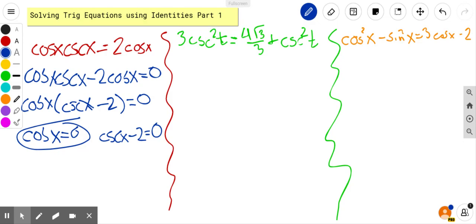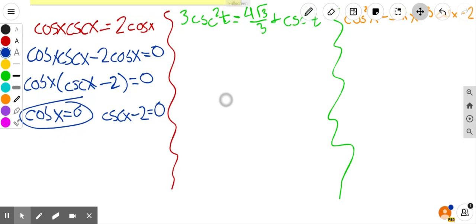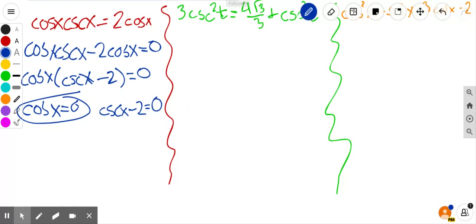I know that cosine of x is equal to 0 when x is equal to pi divided by 2. And because I don't have an interval that I'm trying to find solutions in, I need to generalize it. So I'm going to say plus 2n pi, where again, n represents integer values.